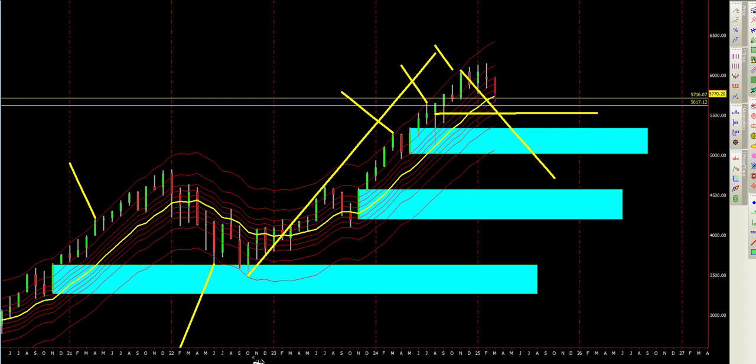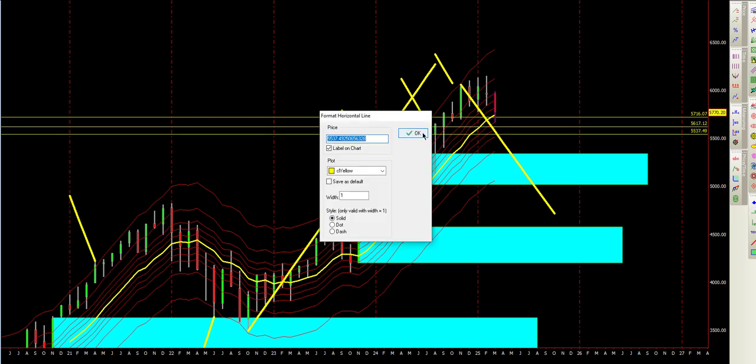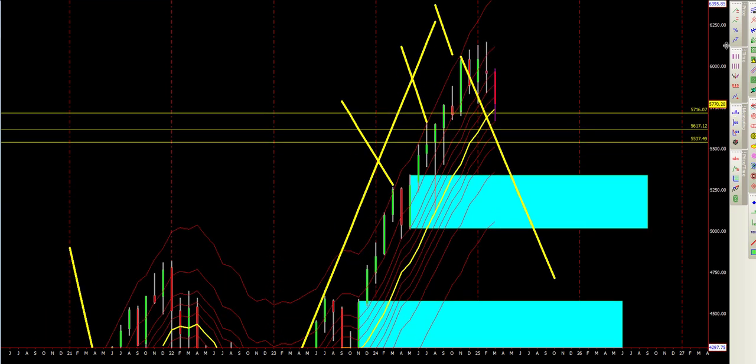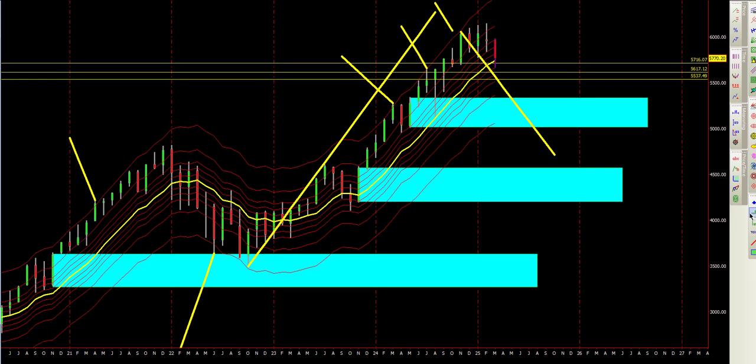So here what we have is just marking these levels, okay, these bodies. So let's mark these bodies. Now they're pretty wide. This is a monthly chart. We're not dealing with this outside of this monthly chart. All right.